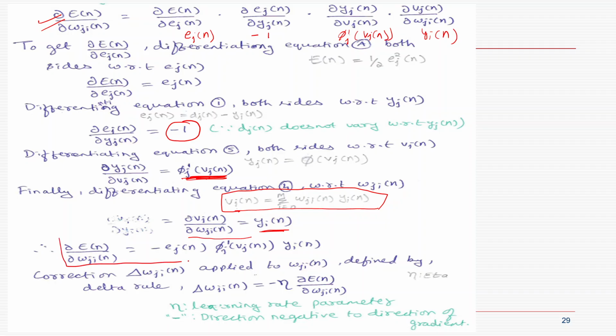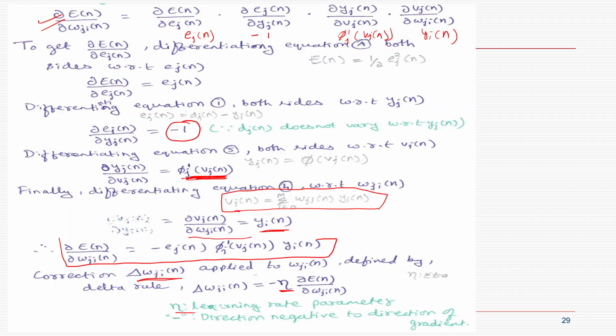Therefore, now when we substitute all these terms, the differentiation of the error E of n with respect to Wji of n is minus Ej of n, phi dash j of Vj of n, and Yi of n. Therefore, the updated weight, delta Wji of n, that we have to apply to Wji of n is defined by the learning rate, eta, and then dou E of n by dou Wji of n.